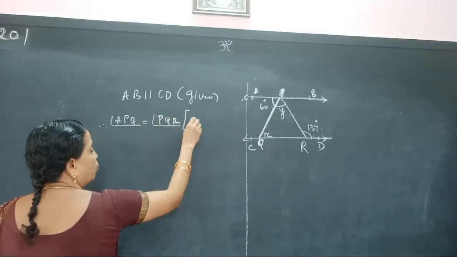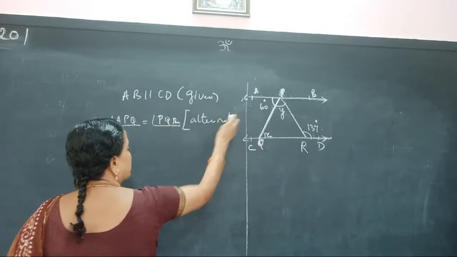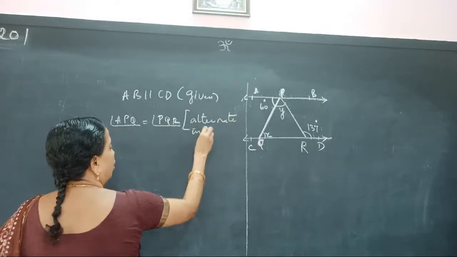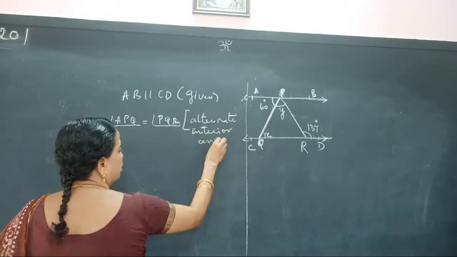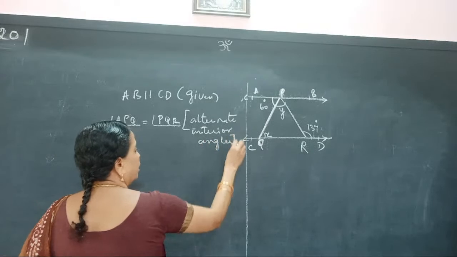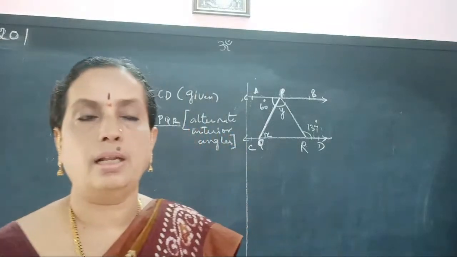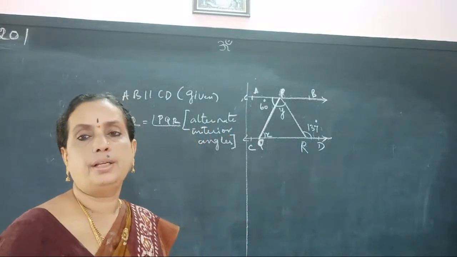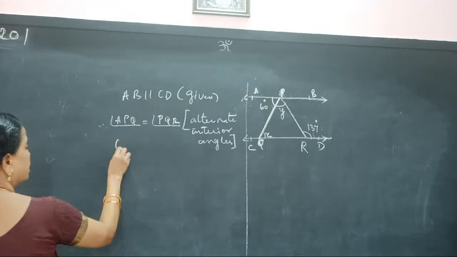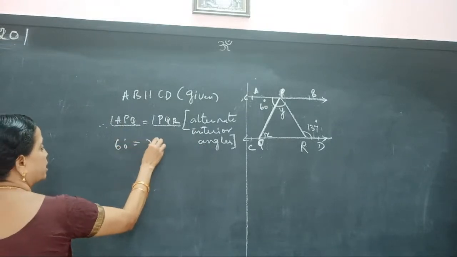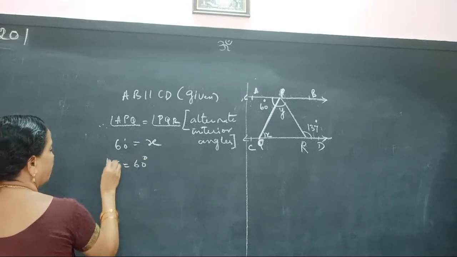In the bracket you write alternate interior angles. We have proved that if two parallel lines are intersected by a transversal, their alternate interior angles are equal. Therefore, 60 degree equals x. X value is 60 degree.